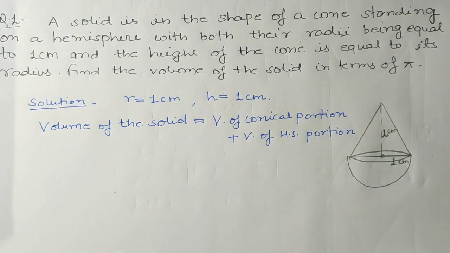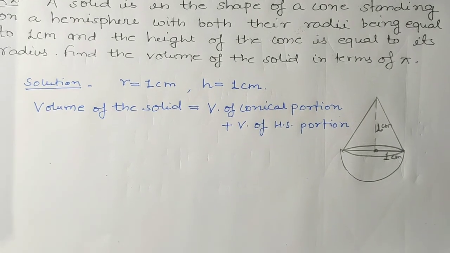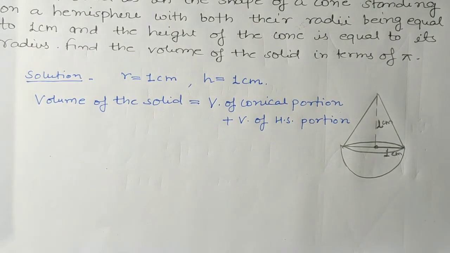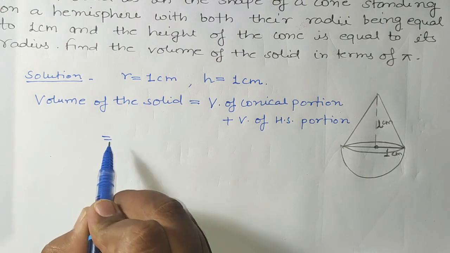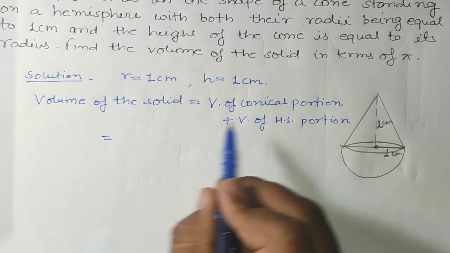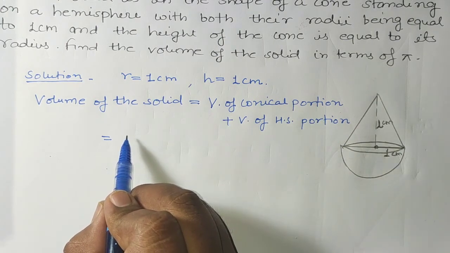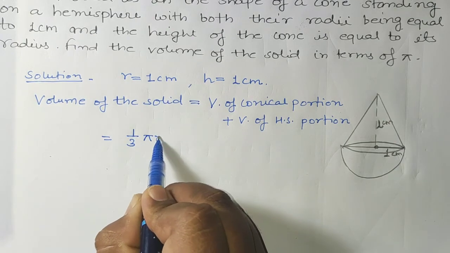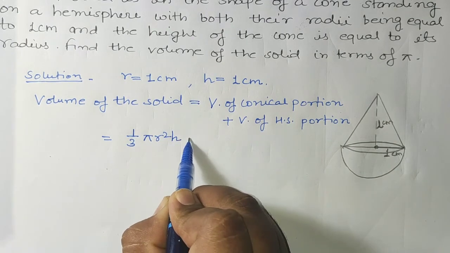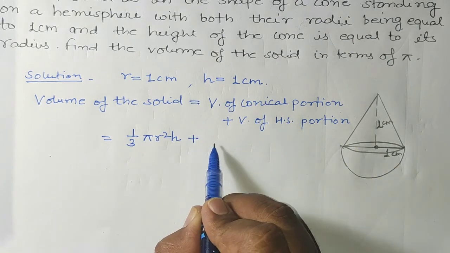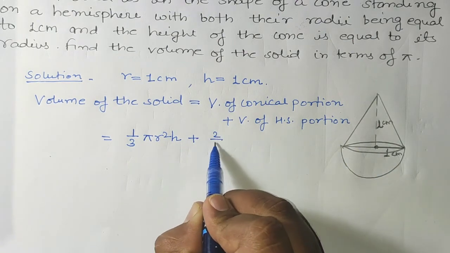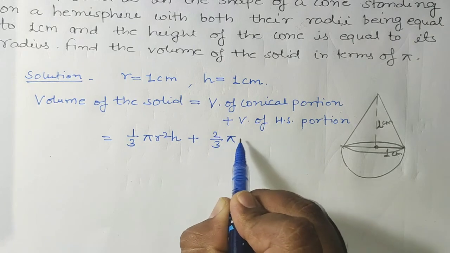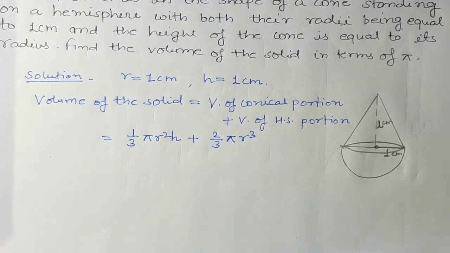For this you have to learn all the formulae so that you can put the formula here. Volume of conical portion: what is the formula of the volume of a cone? It is 1 by 3 pi r square h. And what is the volume of the hemispherical portion? It is 2 by 3 pi r cube.